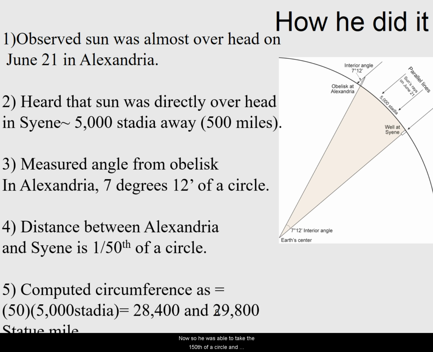Now, he was able to take the 1/50th of a circle and multiply it by the distance, 5,000 stadia, and he was able to come up with 28,400 kilometers or stadia distance, which represents a statute mile. Okay, so if you think back to the circumference of the Earth that we talked about, it was a relatively accurate way for him to calculate the circumference of the Earth's surface.